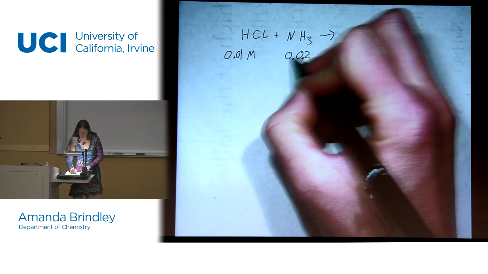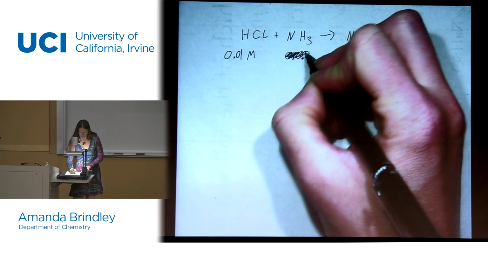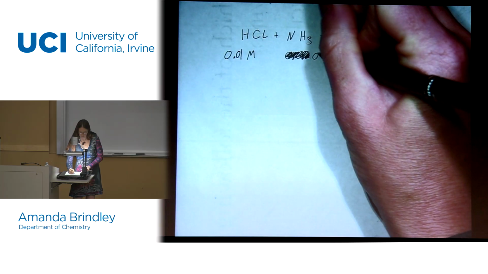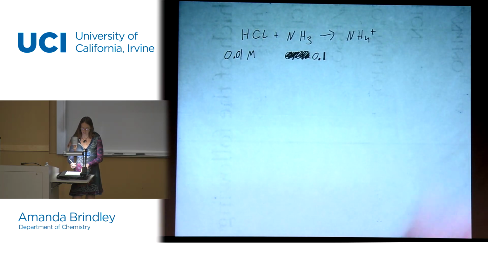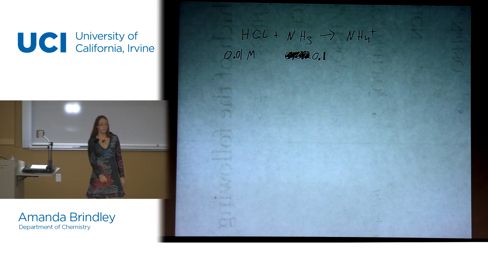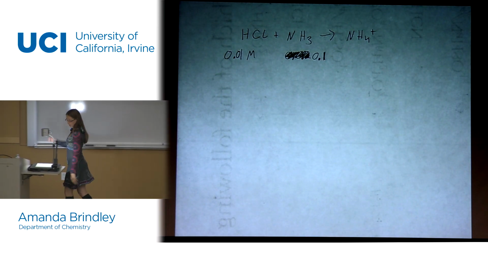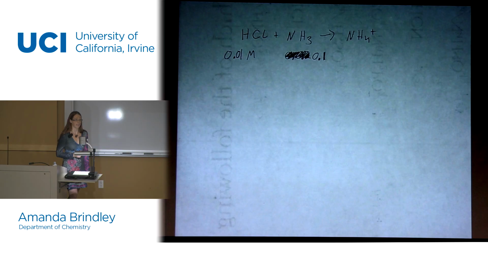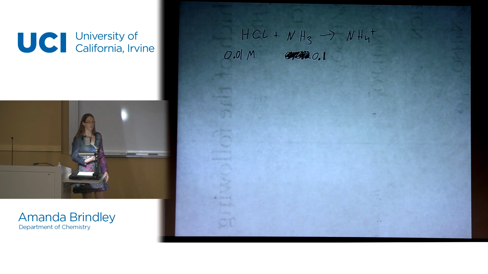I want NH3 to be the bigger one. So I say that we mix, I have to give you numbers. I say that we mix 0.01 molar HCl and 0.1 molar NH3. Now we can do the problem.